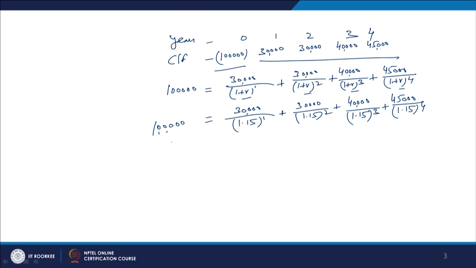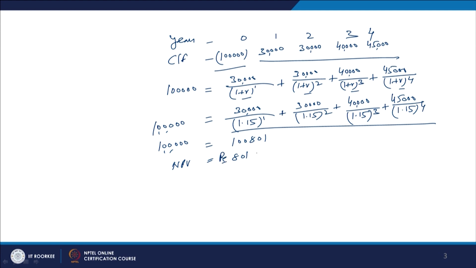If you discount these cash flows, the total of all this calculation becomes 100,801. So, if you calculate the NPV, the NPV will be rupees 801.